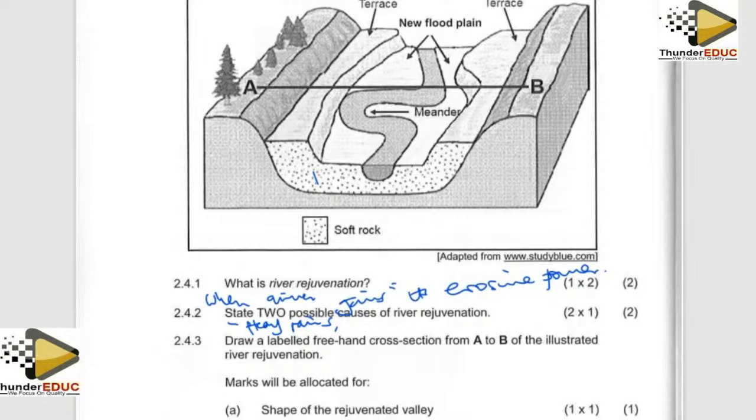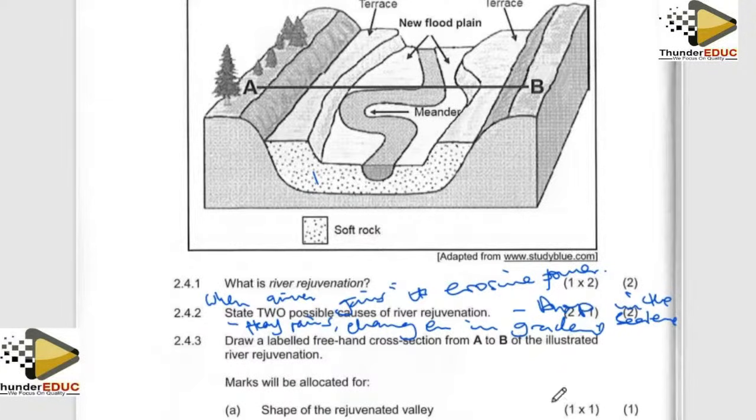Then we can also say a change in the gradient. When the gradient becomes steeper, the river will erode more. We can also talk about a drop in sea level. All of that assists rejuvenation to take place.